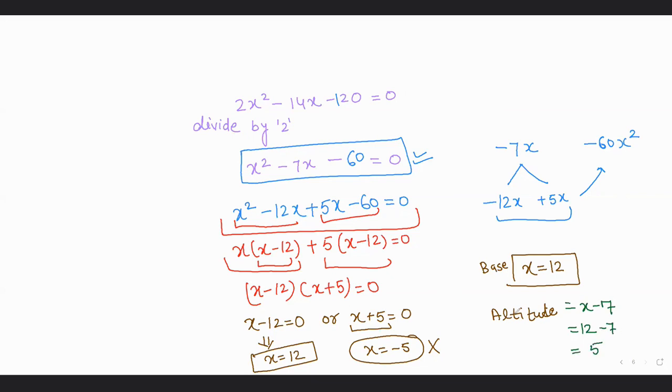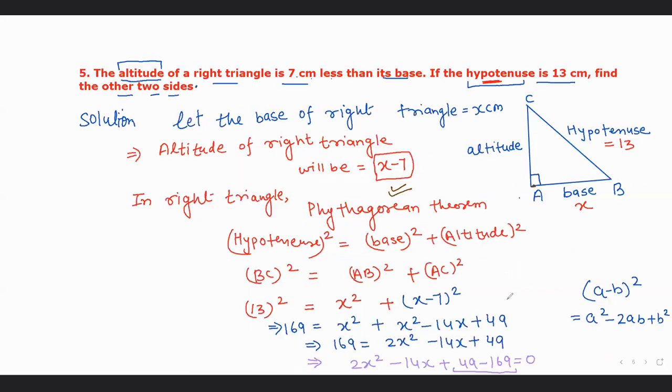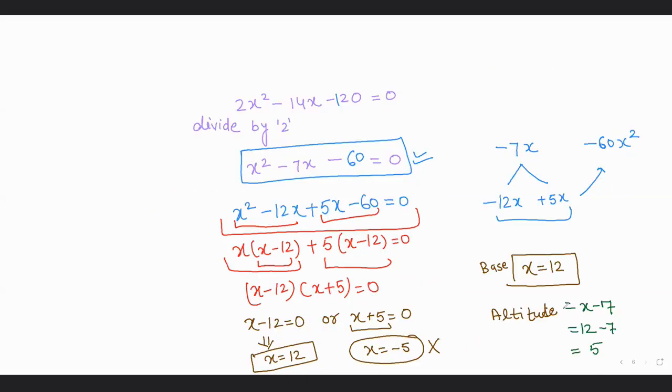So in the question they have asked to find the other two sides. So the other two sides are 12 and 5. So we can write 12 centimeter and 5 centimeter. So this is the final answer for question number 5.